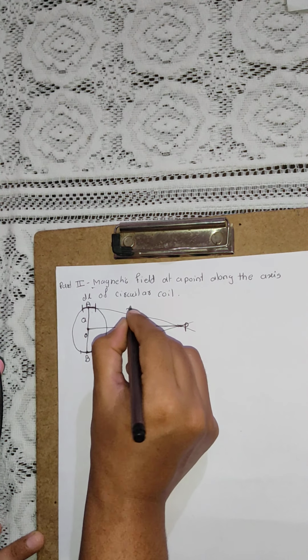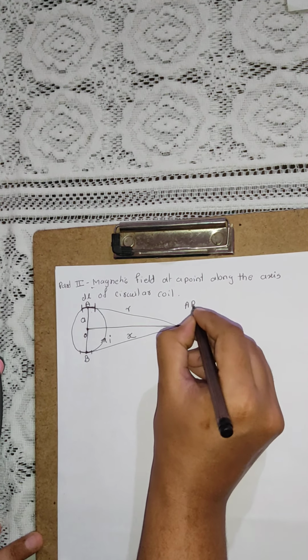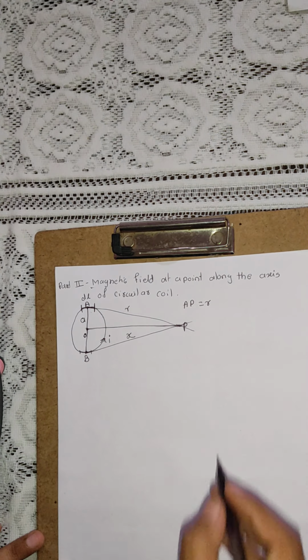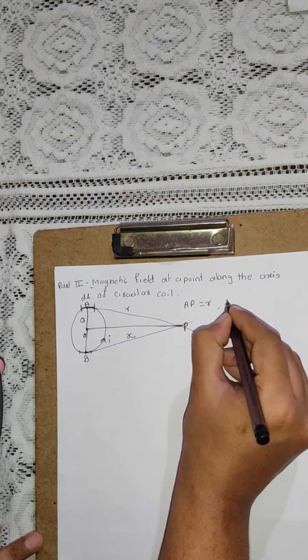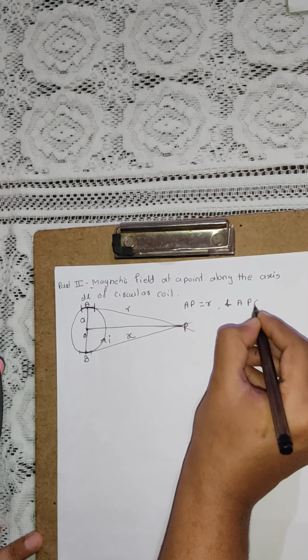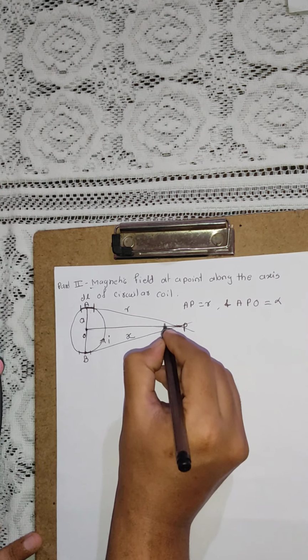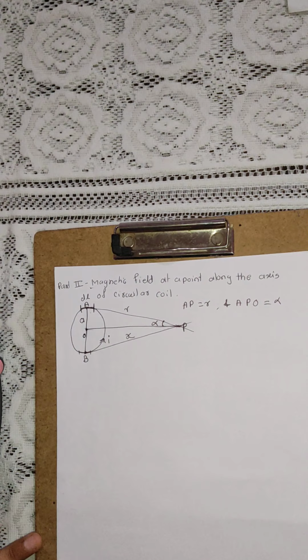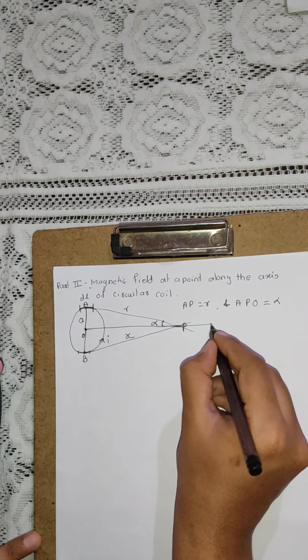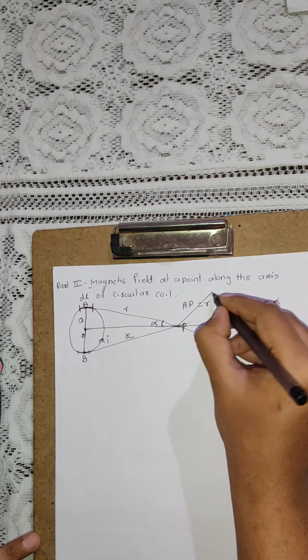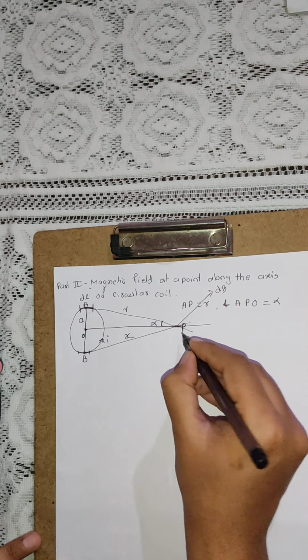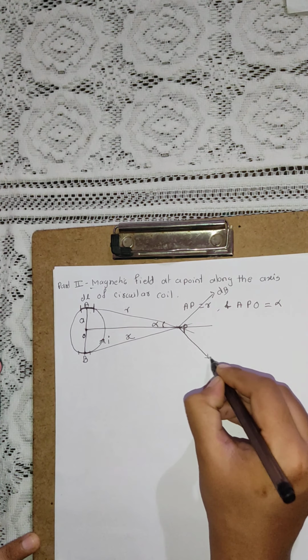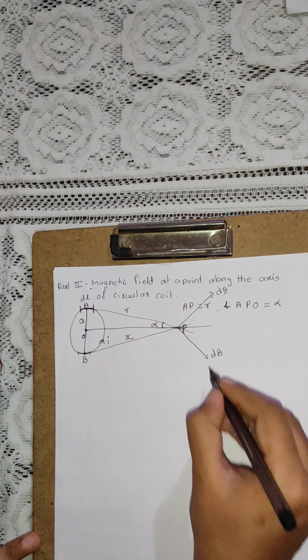Let this be r. AP is r. And angle APO is alpha. This is dB.